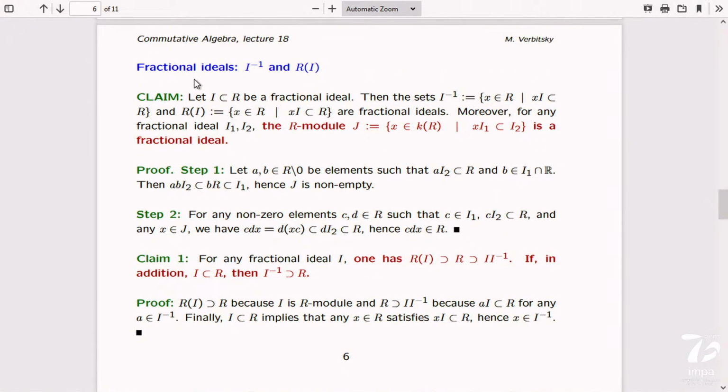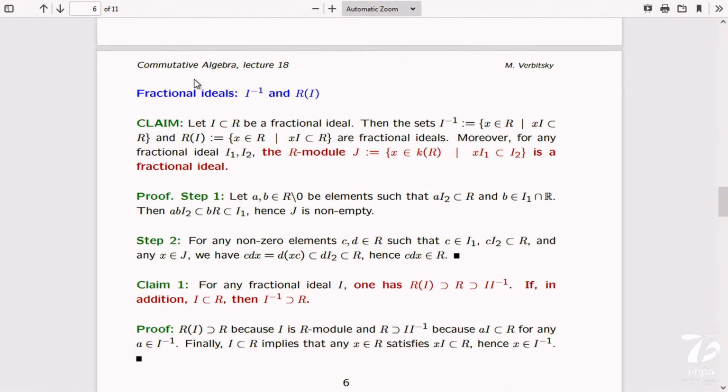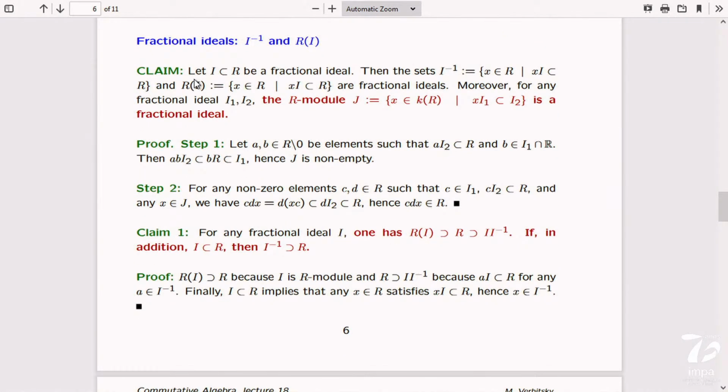Okay, one more observation. We can even try to invert fractional ideals, and in a sense it's invertible. Again, this is in a very strange sense. So fractional ideals are a bit like numbers, but not quite. This is why Kummer called them ideal numbers.